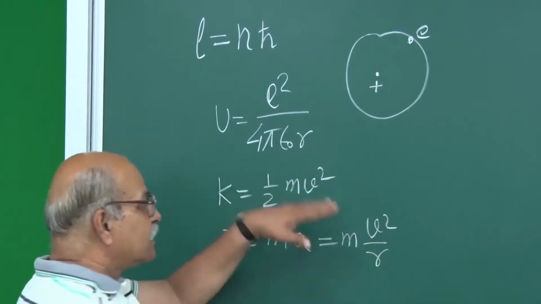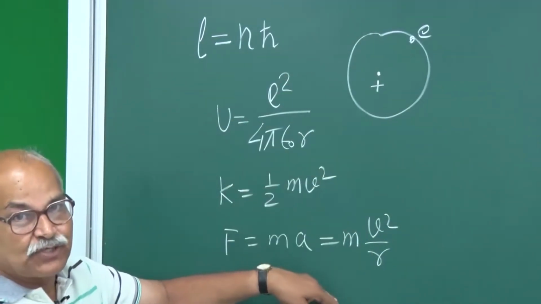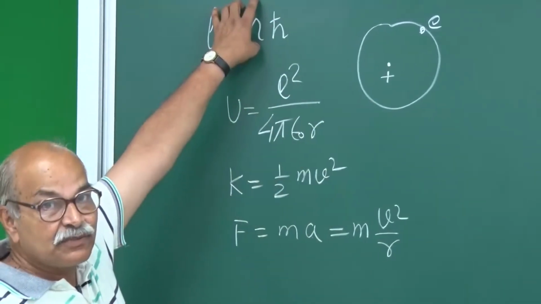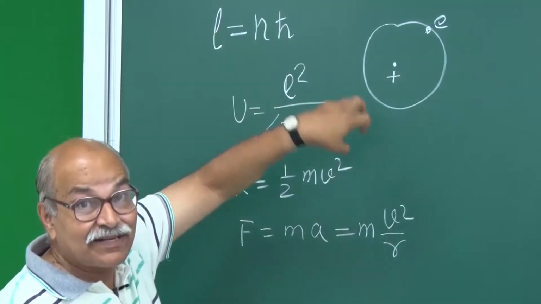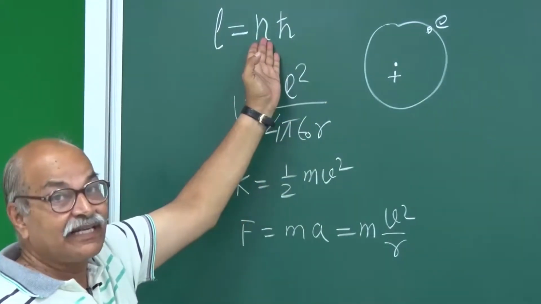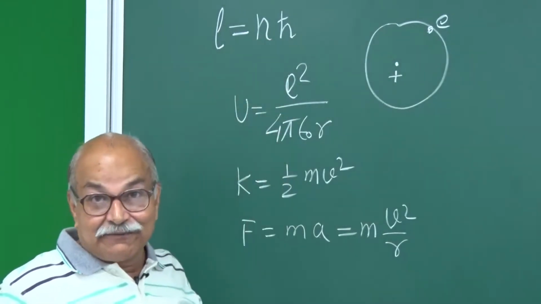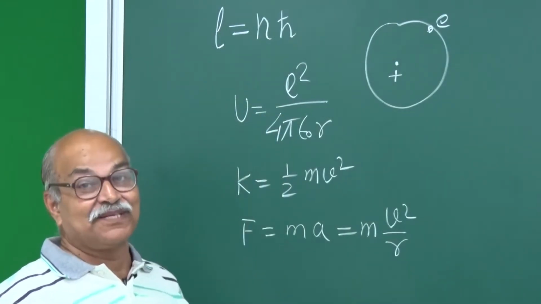These are all classical equations we are used to. But together with this, the Planck's constant enters and the quantization, n can only take integral values, which gives you the essence of quantum mechanics.